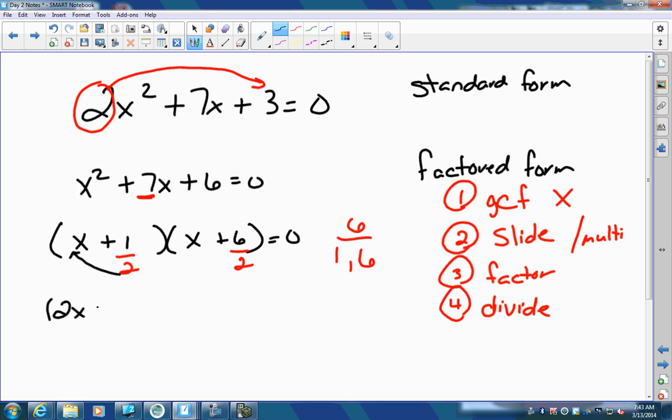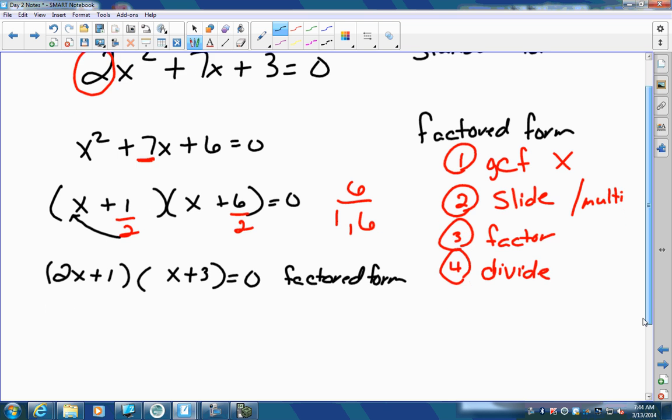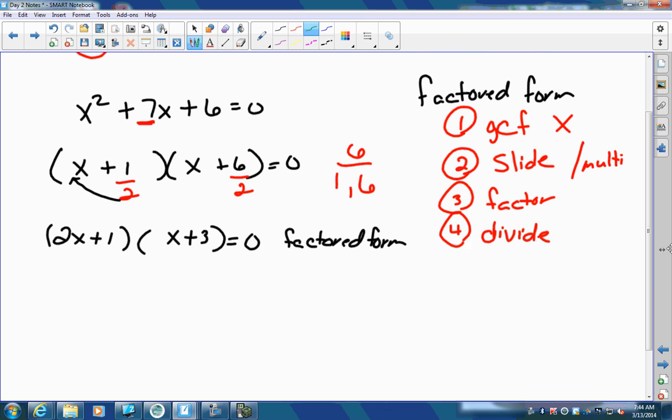It becomes 2x plus 1. Now the next one. X plus, what is 6 divided by 2? X plus 3 equals 0. This is factored form. Now, I still am trying to find my x-intercepts, which are also called zeros, which are also called roots.